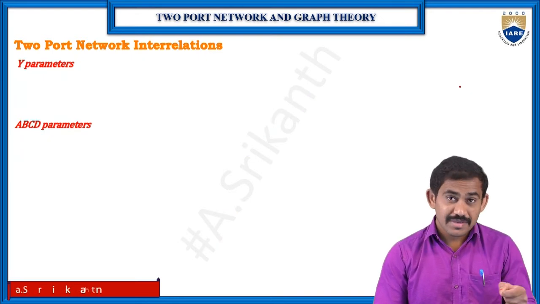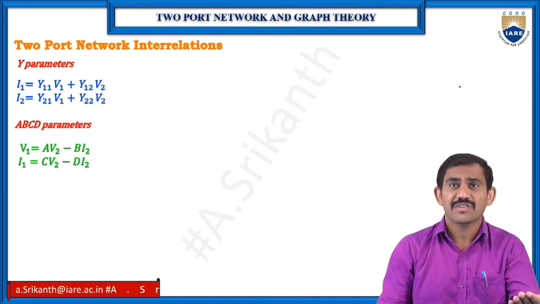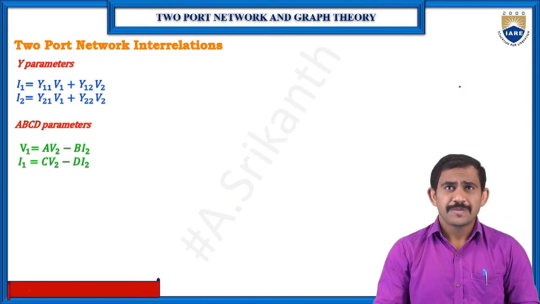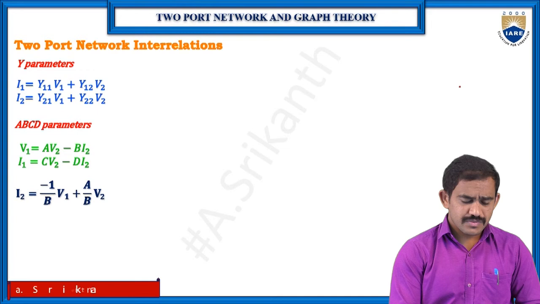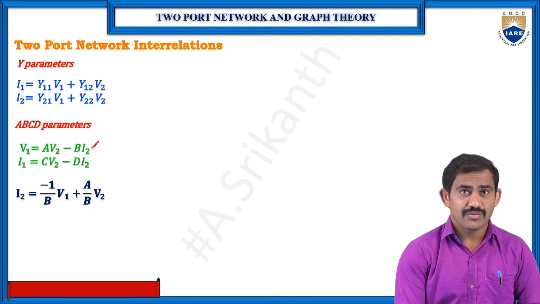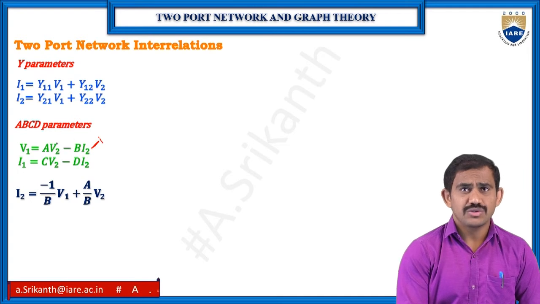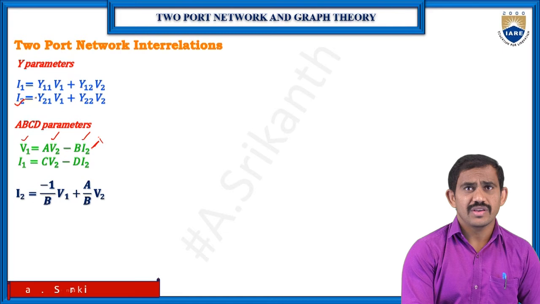If I know the ABCD parameters, I can find the Y parameters. Same thing, if I know the Y parameters, I can find out the ABCD parameters. Now from this equation, if you observe clearly, we have I2, V1 and V2.